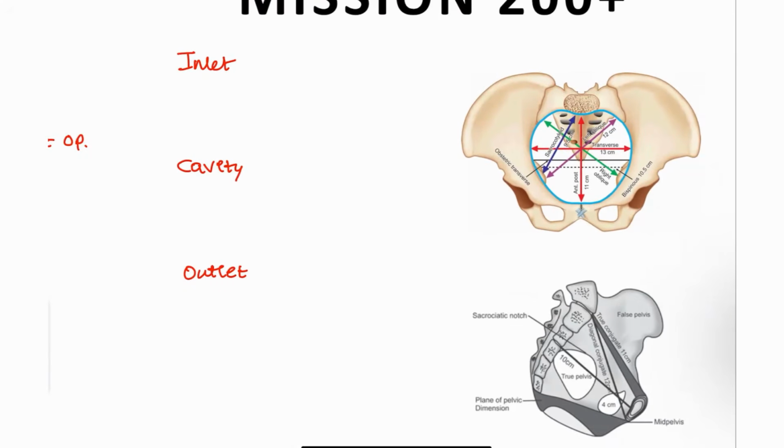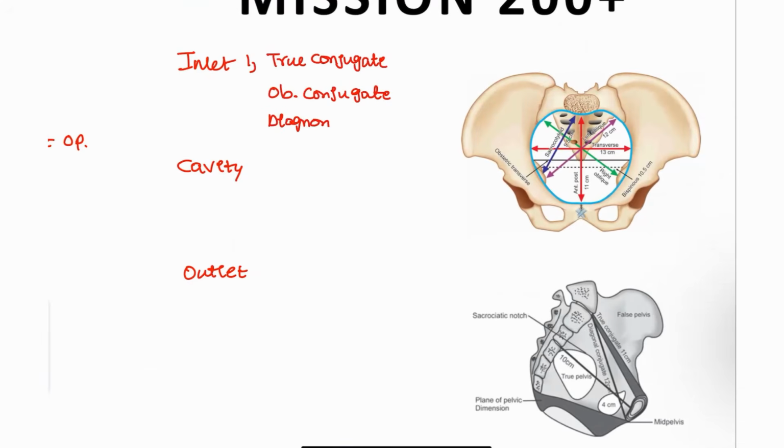For the inlet, you have to take note of three types of conjugates. What are those? The first one is the true conjugate, next the obstetric conjugate, then the diagonal conjugate.